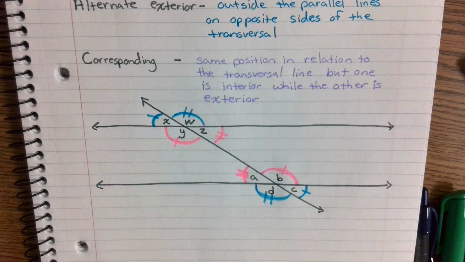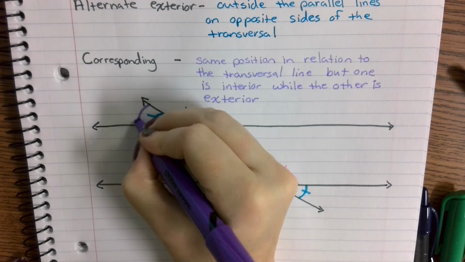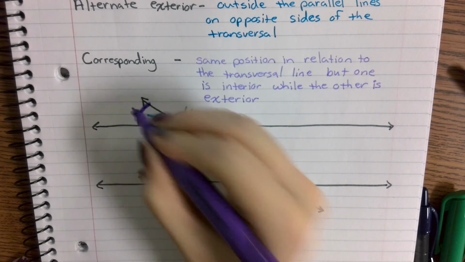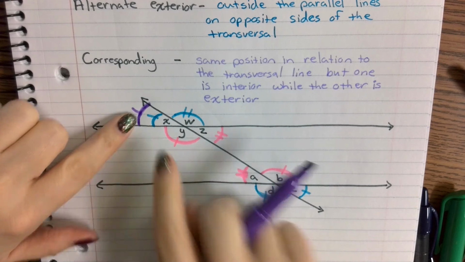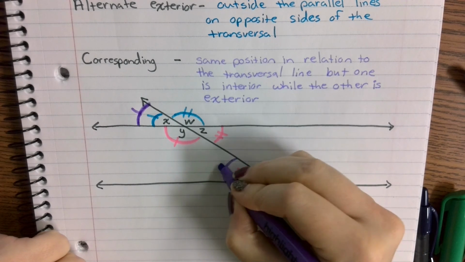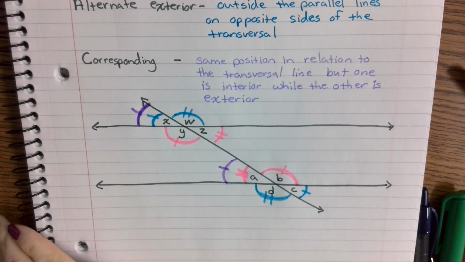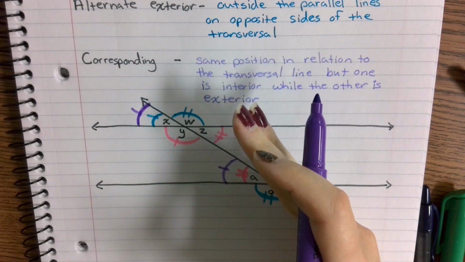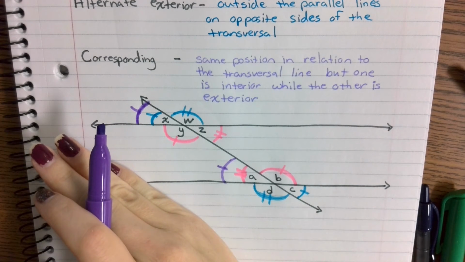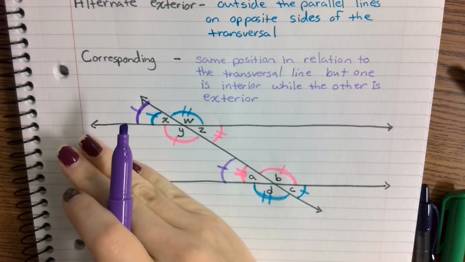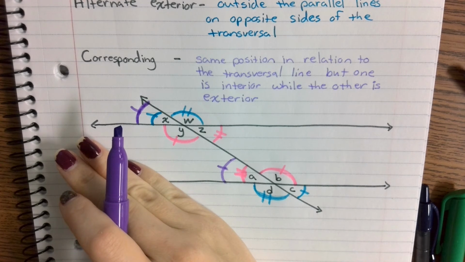Okay, then my corresponding angles. There's a lot of corresponding angles here. X corresponds with A. They are on the same side of the transversal line, right?